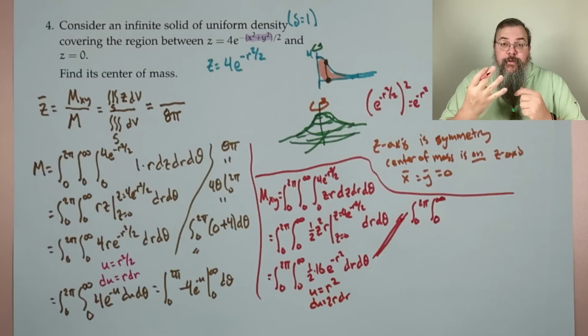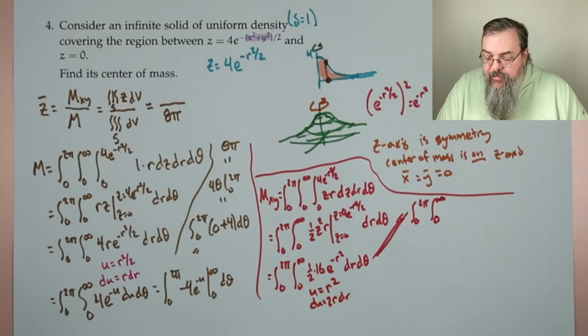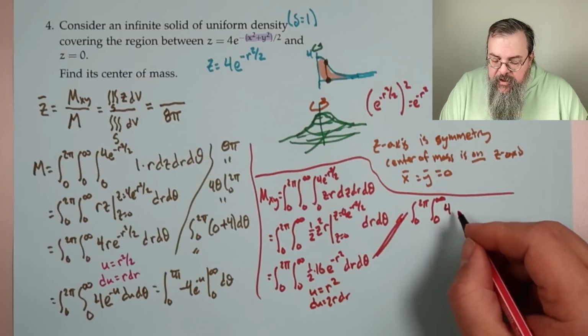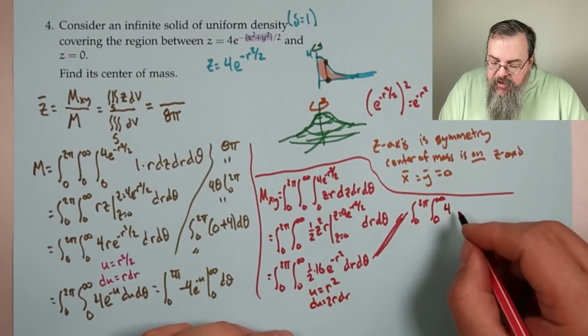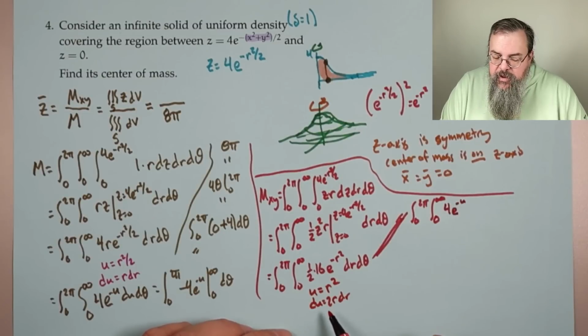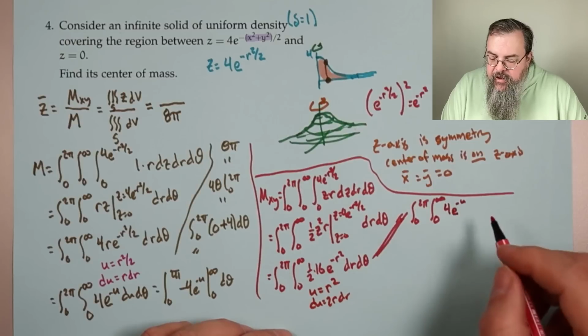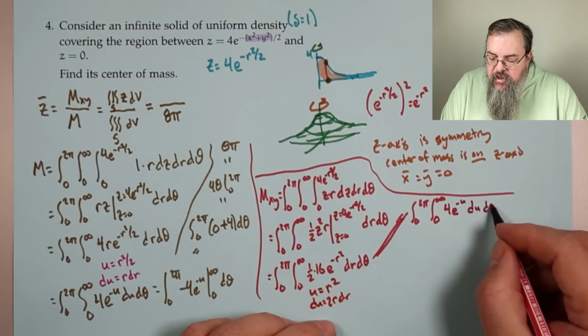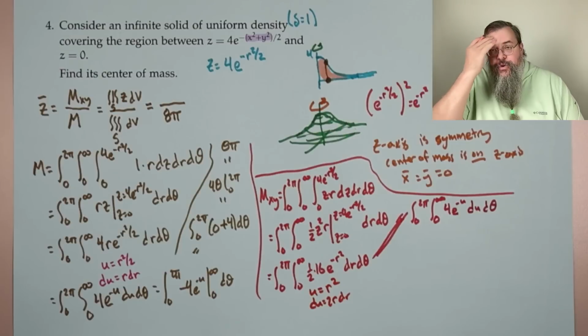So I'm going to be left with 4, because 8 is 2 times 4. Okay, so that becomes 4, and what do we have? E to the minus u, and then we have our du d theta. All right. Whew.